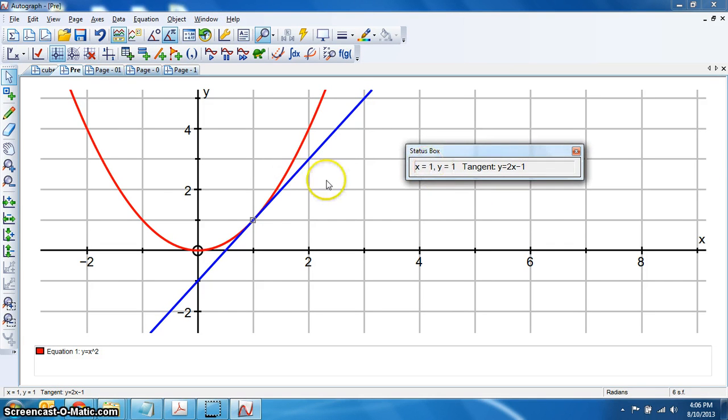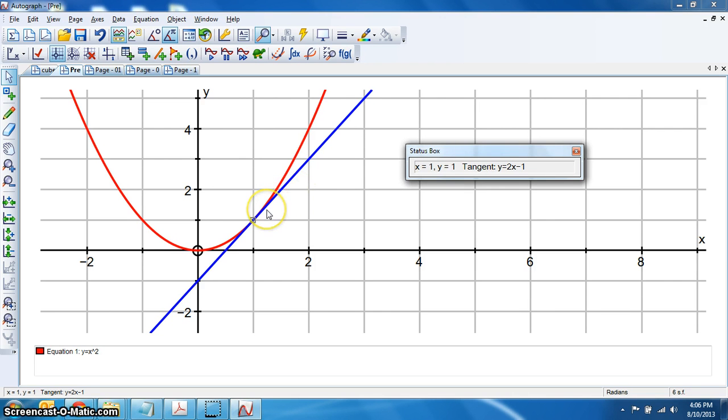When x is 1, y is 1, the tangent line has slope 2. And what that means is that if you move on the x-axis 1 unit, then you move up 2 units. So you move over 1, up by 2. Or if you move over by 0.5, then you're moving up by 1. So the slope of the tangent line tells you how fast the y value is changing in relation to the x values.